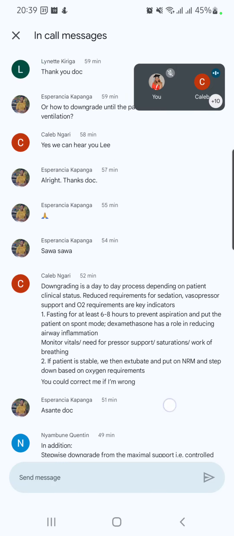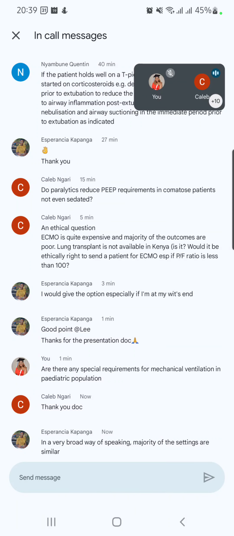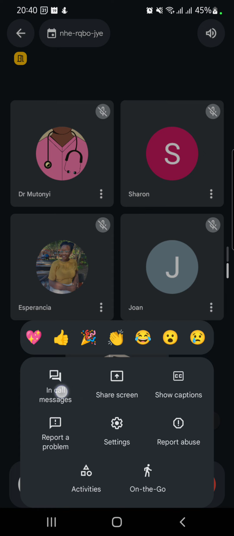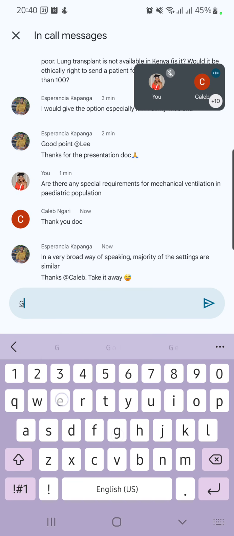Okay, let me try. When you're asking about special requirements, I don't know if you're asking about ARDS in specific, or in general in terms of mechanical ventilation.